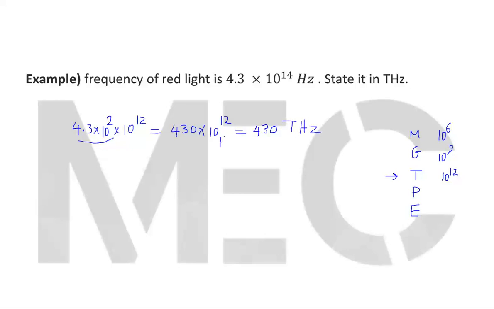Okay, so I have to write the unit of hertz here. So instead of 10 to the 12 hertz, we wrote terahertz. Okay, so both scientific notation and prefixes of units can be used.